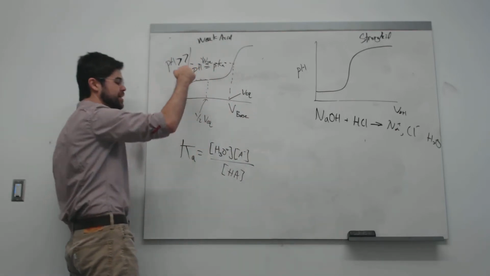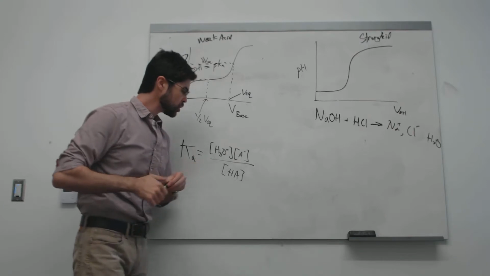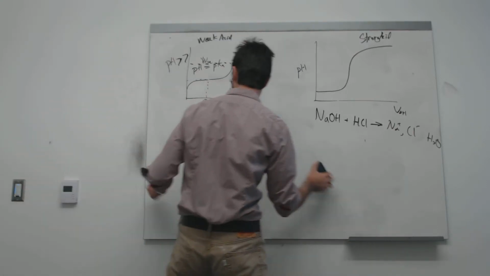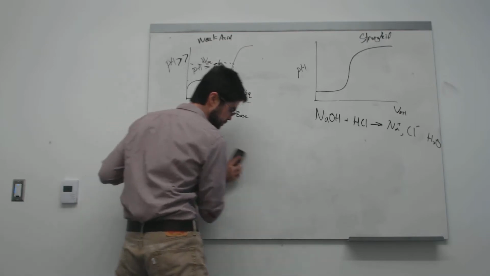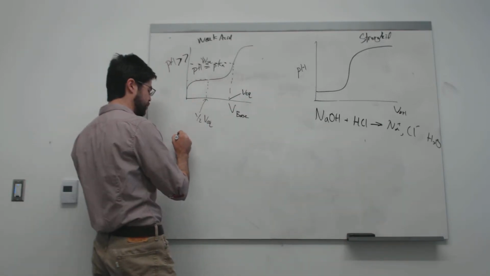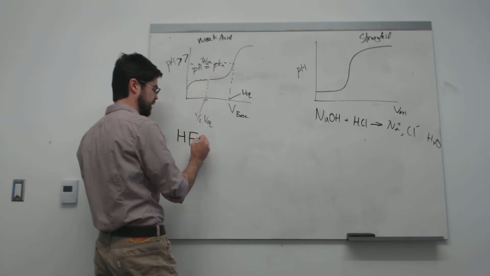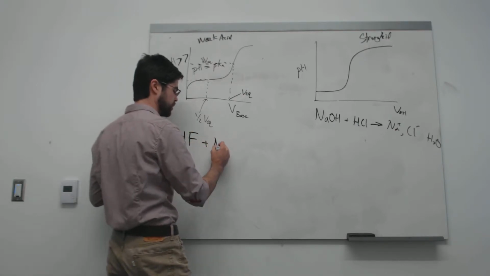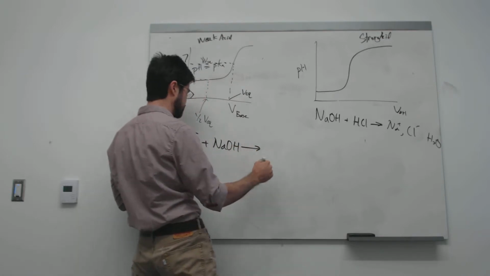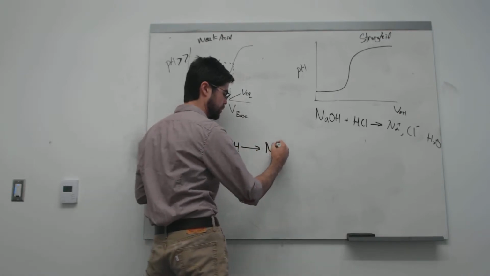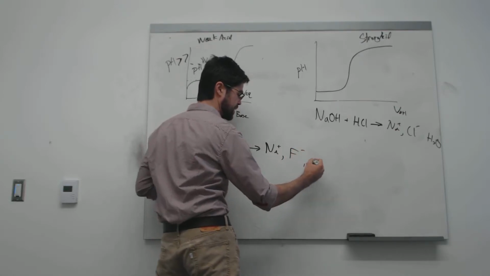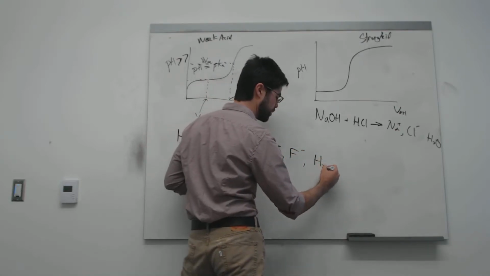When you are titrating a weak acid, you convert some of that weak acid, so I might say something like hydrofluoric acid with sodium hydroxide. That reaction goes to completion and gives you sodium ions, fluoride ions, and water.